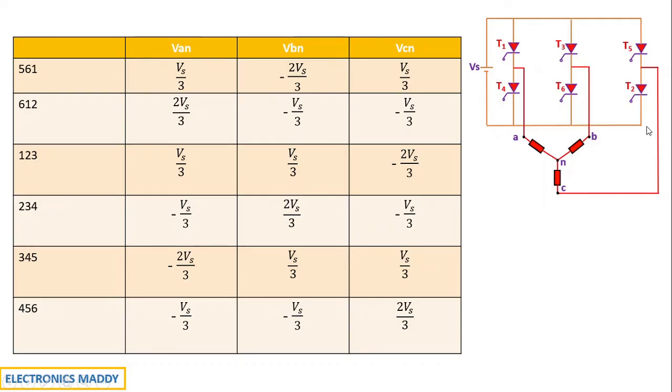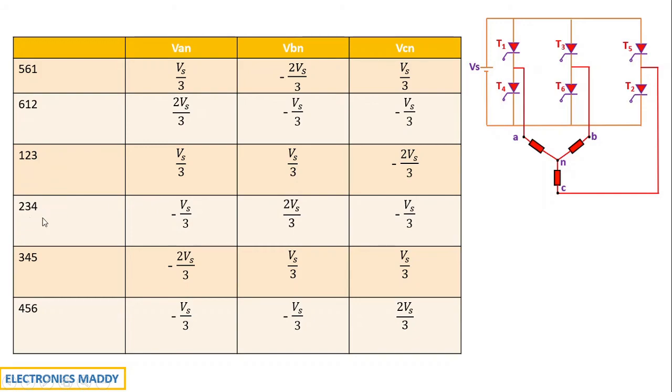Whereas C is connected through 2, isn't it? And it is connected to the negative terminal of the battery. 2 is connected in this fashion as 5 is acting as open circuit. So 2 is connected to the negative terminal of the battery, and since only one phase is connected to the negative terminal of the battery, you will be getting minus 2 Vs by 3. So you're getting VCN as minus 2 Vs by 3.